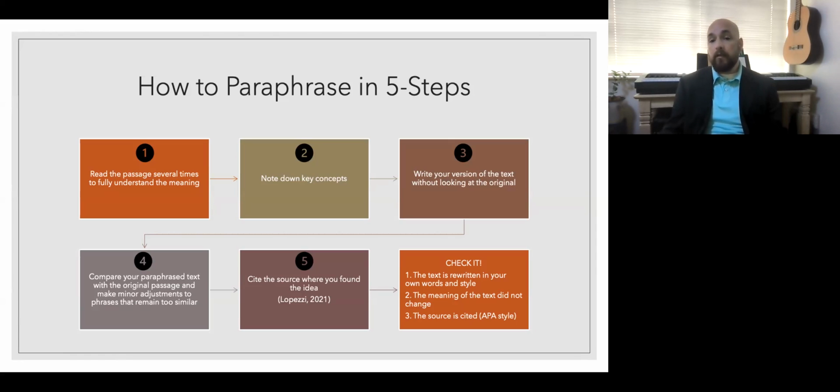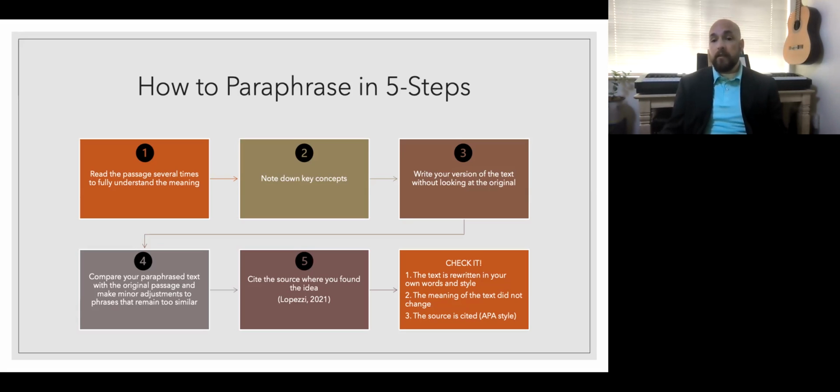Step 3, look away and write your version using your own style of what was written in the passage. So at this point, you've already read it a couple of times, then you look away and you just start writing whatever you think that passage was about, using also the keywords that you just jotted down.